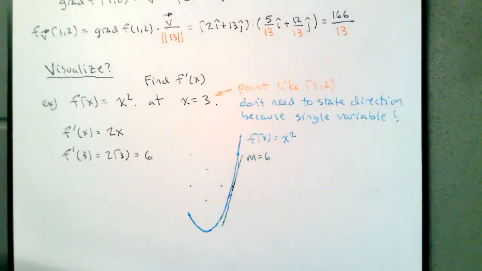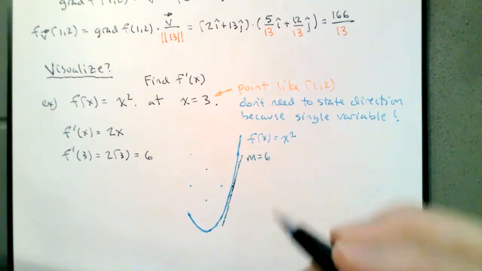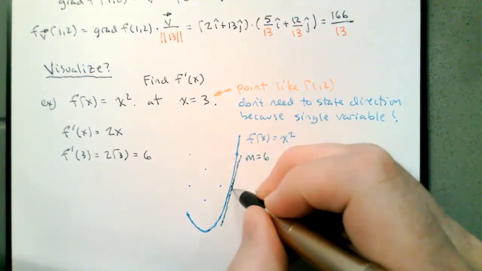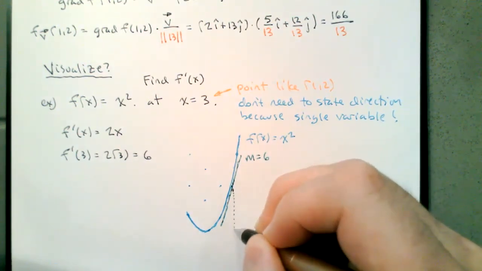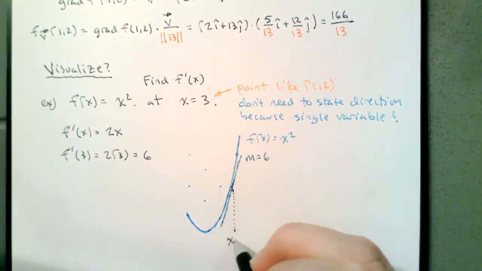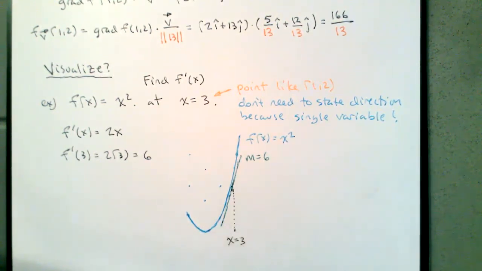So let's think about what we're going to use this 6 for. We can use the 6 to make a linear approximation of the function at the point 3. We don't have to worry about things like gradient because we don't have any directions that we have to worry about. There's only left and right. That's all we got.